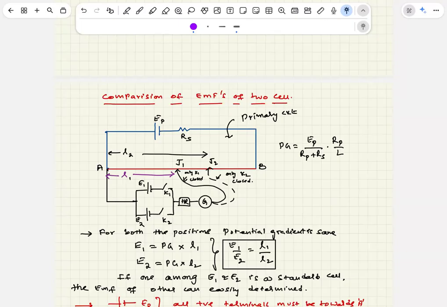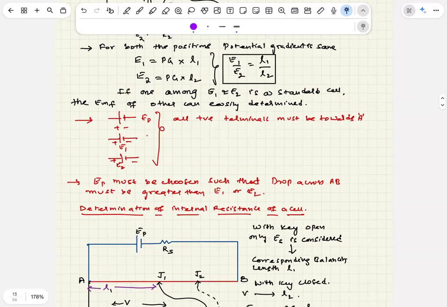So likewise, you can compare, you can calibrate the EMF of an unknown cell, and so on. By the way, at the end of the day, please remember, without drawing any current from the cell. That is important. You can do the same with a voltmeter, but even with a voltmeter, you will draw certain current. But here in this, you will not draw any current. Right. Next.